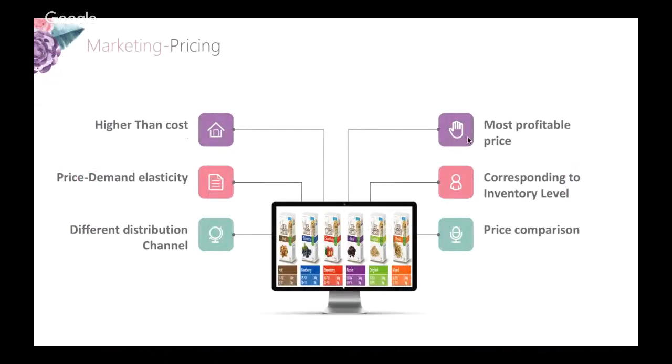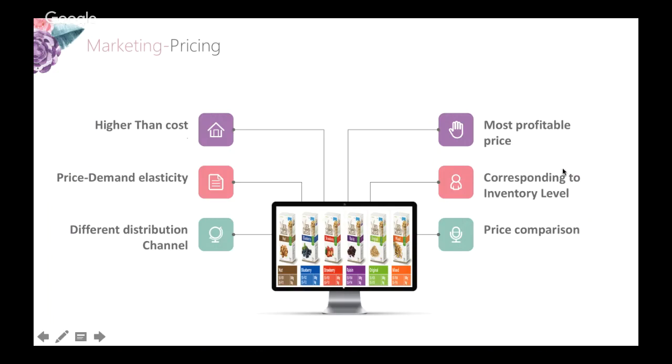There are 6 key factors to be considered when adjusting price. The first one is that the price should be set higher than the cost. Then we consider price and demand elasticity, and also we need to set a different price for each distribution channel.